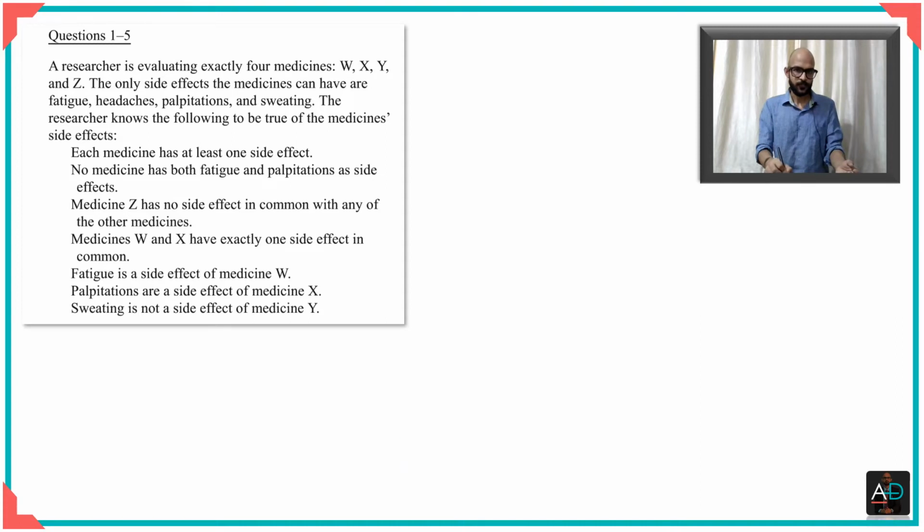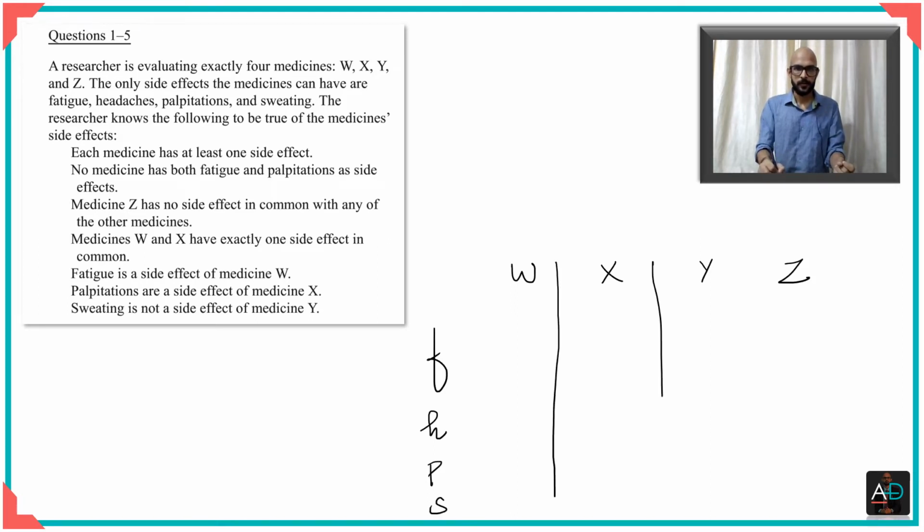Okay, so let's start looking at what we have, and we'll start tabulating the data. I'll first start off with the medicine. So you have W, X, Y and Z. And then the side effects that you have are F, H, P and S. Okay, so let's draw our table here.